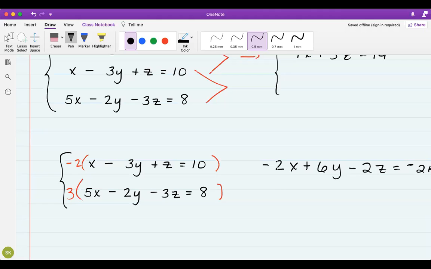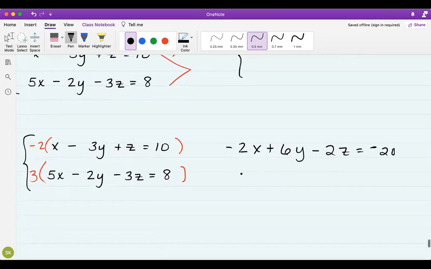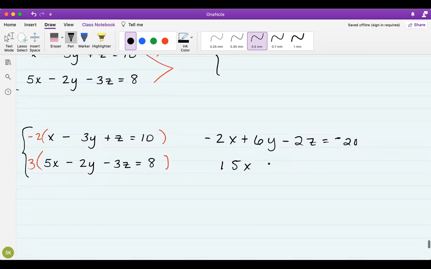So -20. Just double checking here. And then the other one is 15x, -6y minus 9z is equal to 24. So those are the two new equations. Just double check.